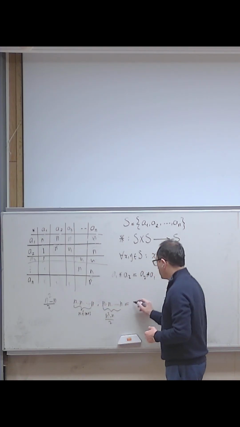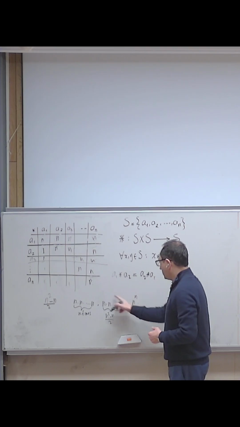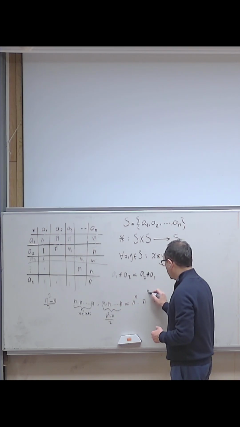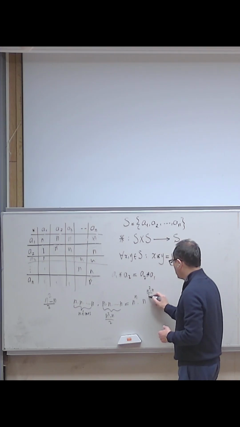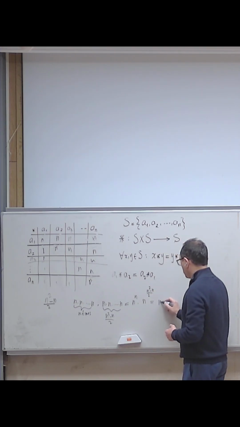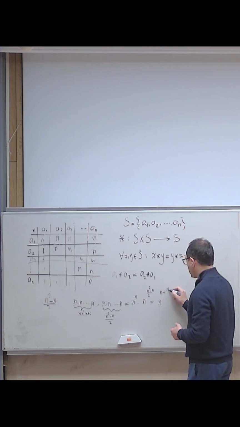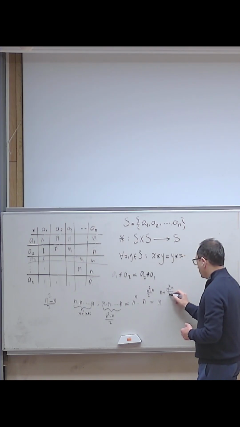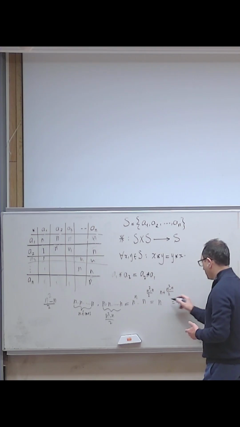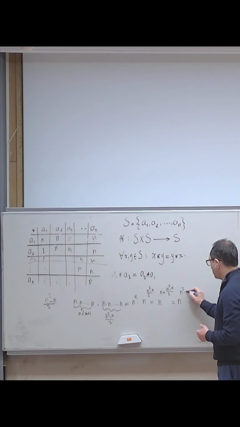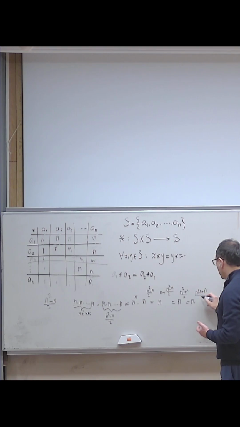The first one is simply n to the power n, and the second one is n to the power of n squared minus n over 2. But I can combine them, so it becomes n to the power of n plus n squared minus n over 2. If I take the common denominator, it becomes n squared plus n divided by 2. So if you want, you can factor n out, and this will be the answer to this problem.